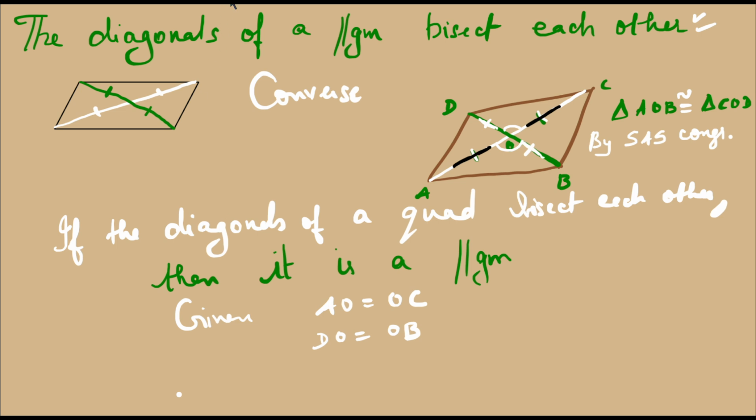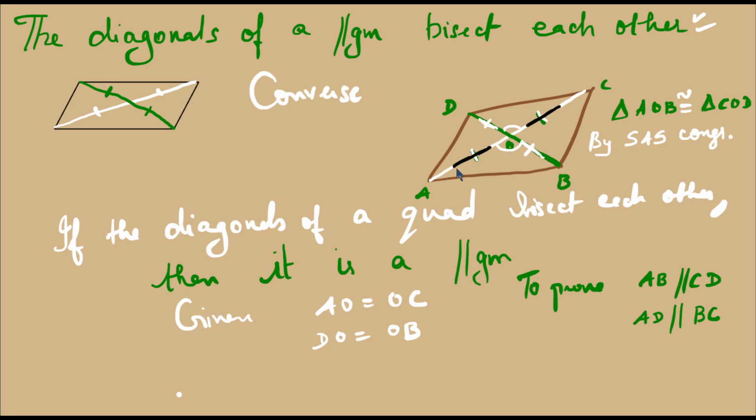To prove that the opposite sides are parallel, because that shows that it is a parallelogram. You will have to prove that AB is parallel to CD, and that AD is parallel to BC. So in order to prove parallel lines, we will have to establish that the alternate interior angles are equal.